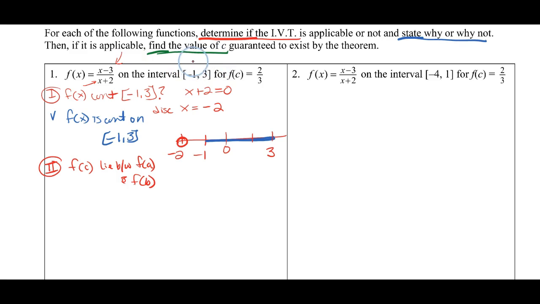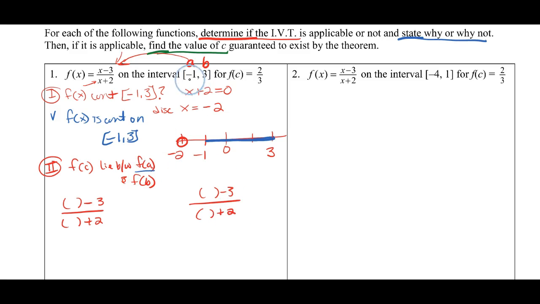And my interval gives me my a and my b. And to find f of a, I need to take the a and plug it into my function. So I'm going to go negative 1. We'll take our function, minus 3 over plus 2. And we'll do this for f of b over here also, minus 3 over plus 2.